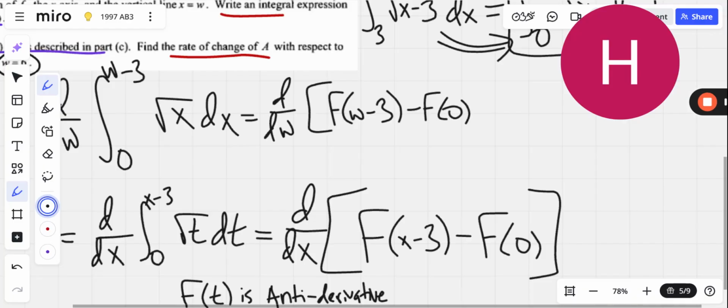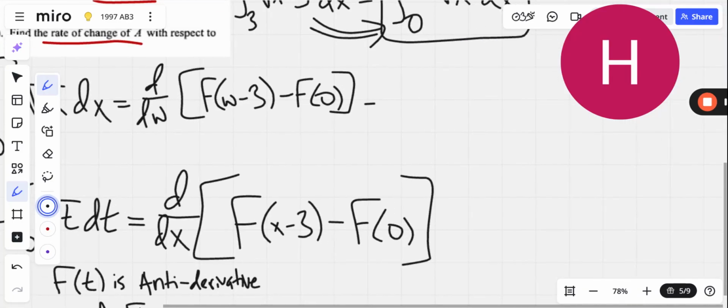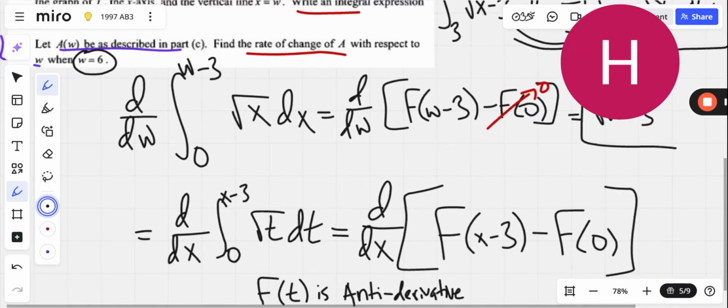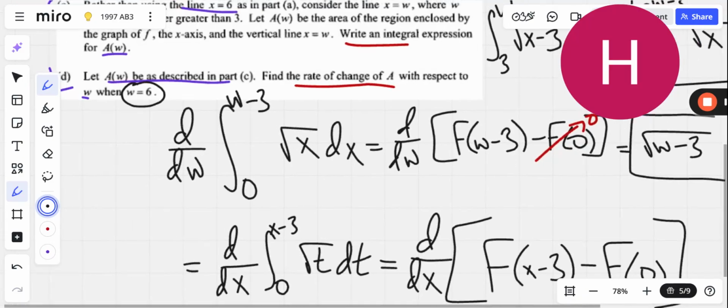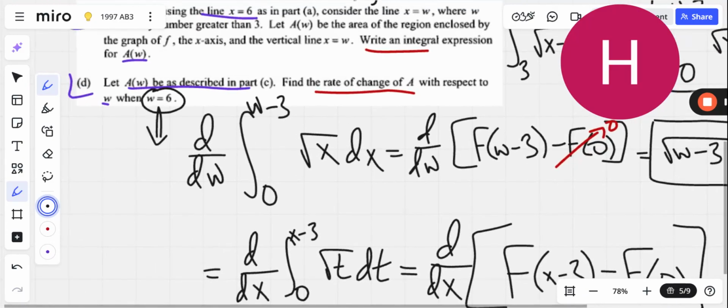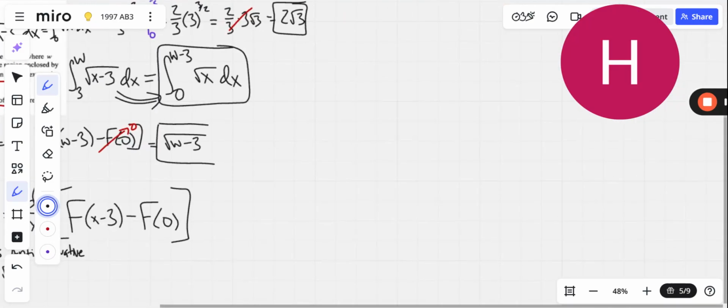So the same kind of thing applies here, where we're just going to end up with square root of w minus 3. And then the derivative of a constant just goes to 0. So that is the derivative of A with respect to w, but we need to plug in this initial condition, w equals 6.